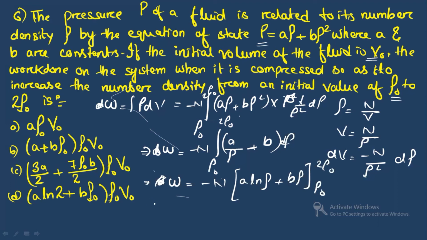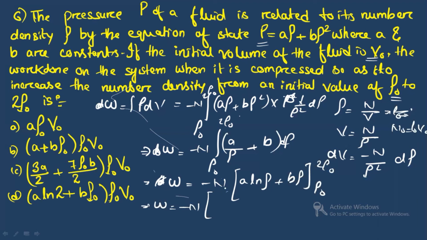Now W will be equal to minus N, with A as a constant. I'm keeping minus N as it is; or you can write N is equal to rho naught V naught also, which we will substitute.